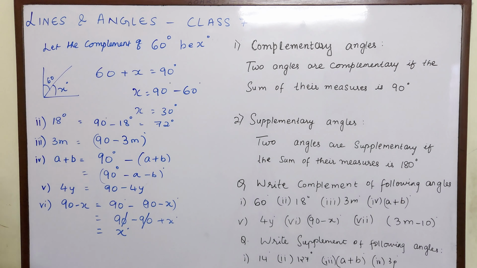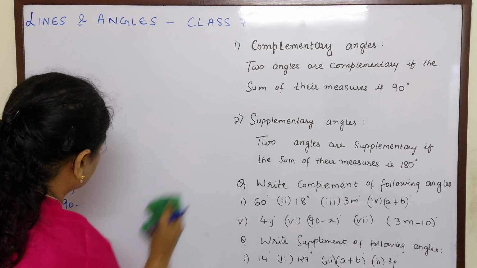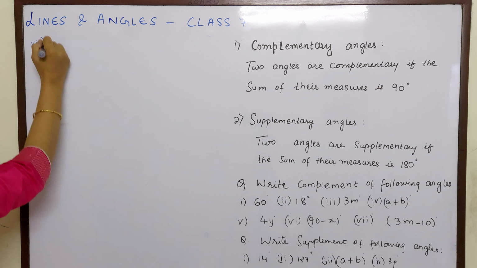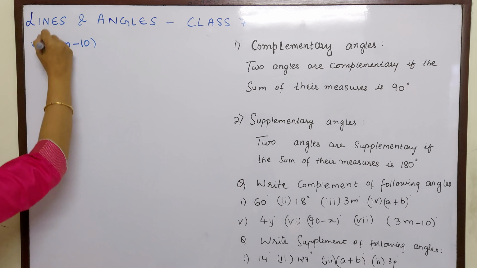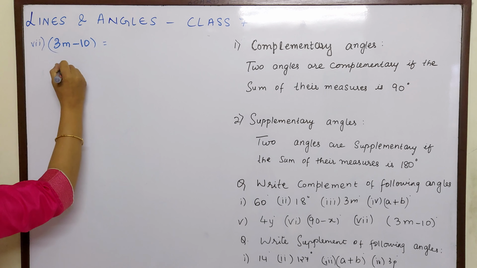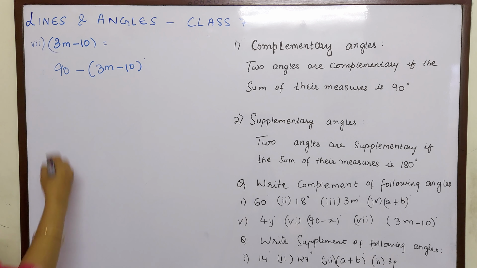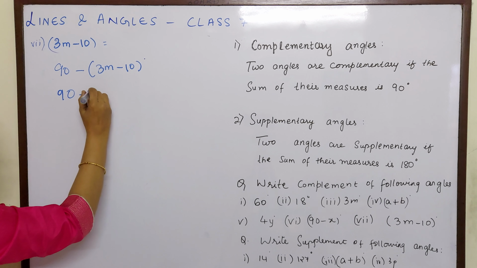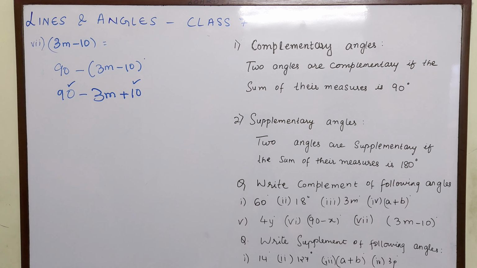Let us go to the last sum, 3m minus 10. Here also we will just do 90 minus the bracket 3m minus 10. When we open the bracket, it will be 90 minus 3m plus 10, because the signs inside the bracket change. Now these are like terms, children.